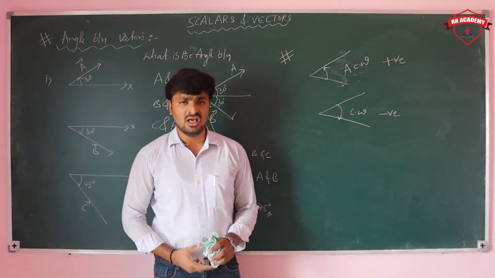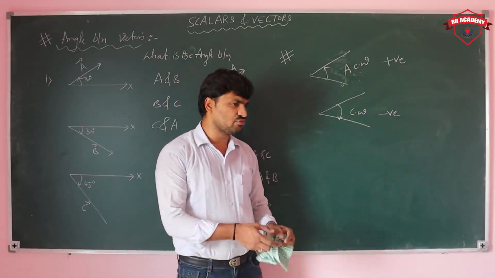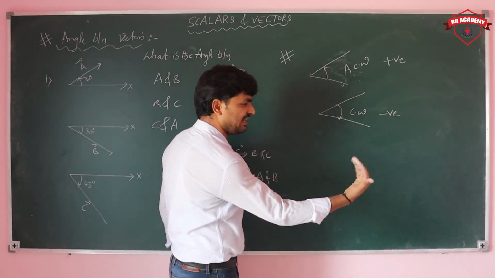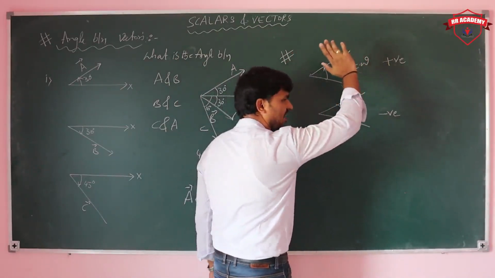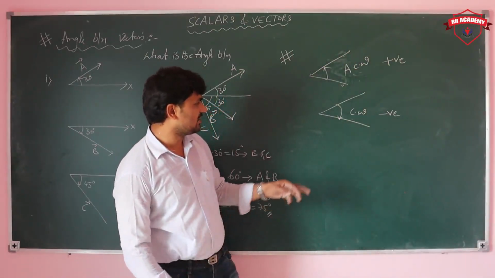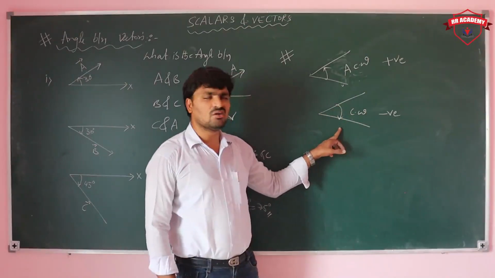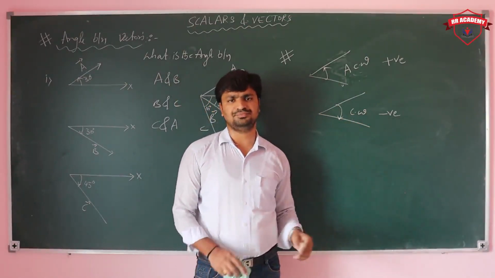This is our rule. Angle between A and B in the anti-clockwise direction means like this. This is the anti-clockwise direction, so we have to take it as positive. And the angle between two vectors in the clockwise direction, we need to take as negative.